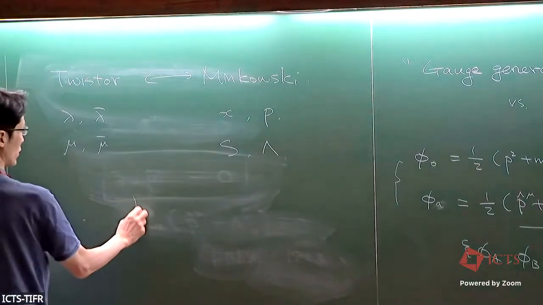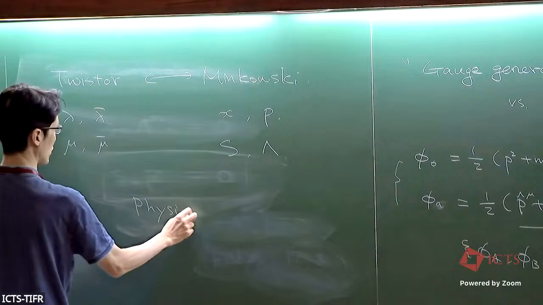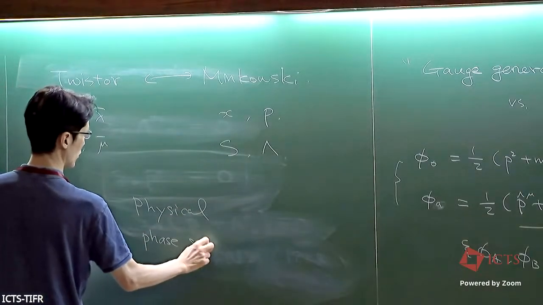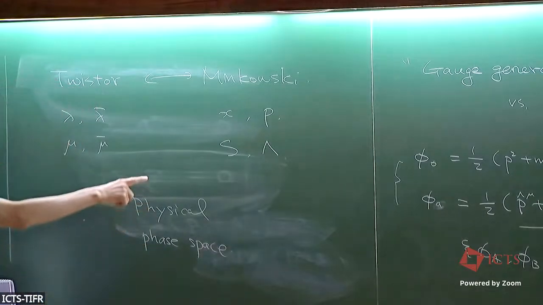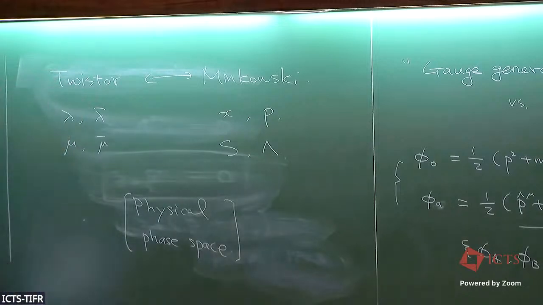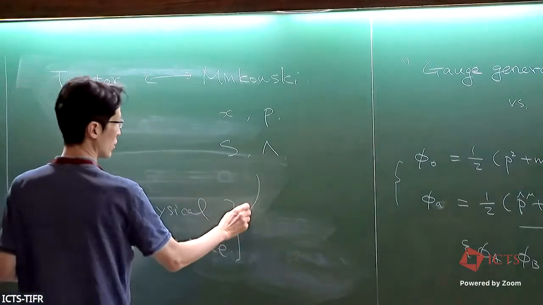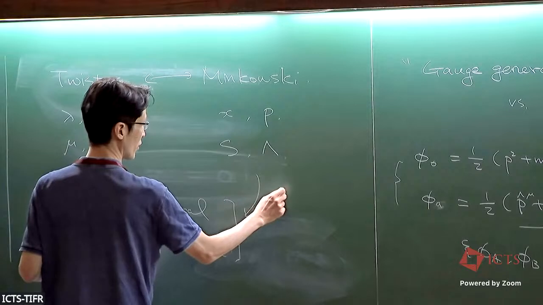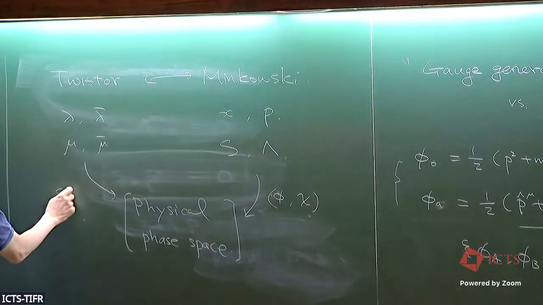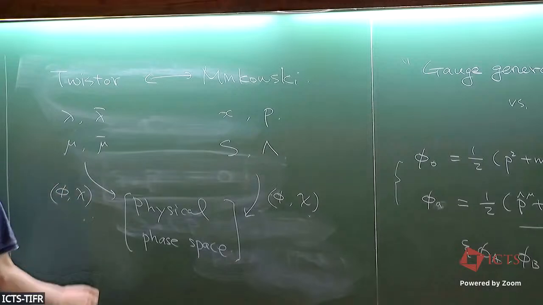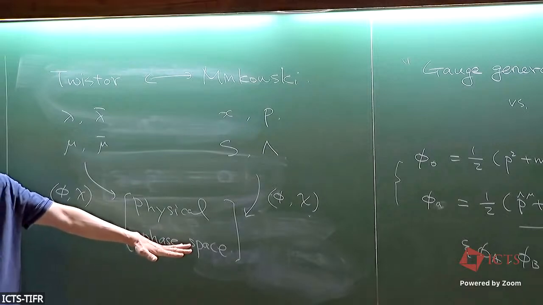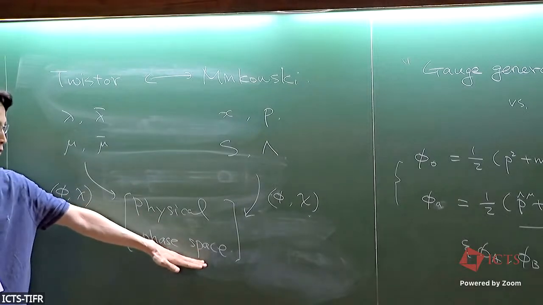Well, actually, the true physical space is not just the whole space, but the space left over after imposing the constraints. So here we have these i's and chi constraints. Here we will also have some constraints. And our claim is that they should land on exactly the same physical phase space.